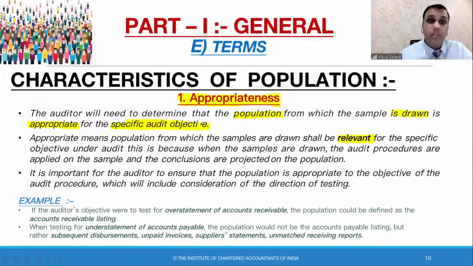What does appropriate mean? You have a specific audit objective in mind. You are testing the operating effectiveness of physical controls. So you will select such controls where you can check their operating effectiveness physically. They should be appropriate.